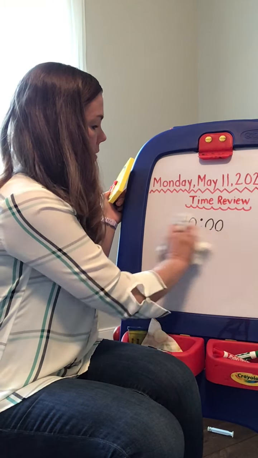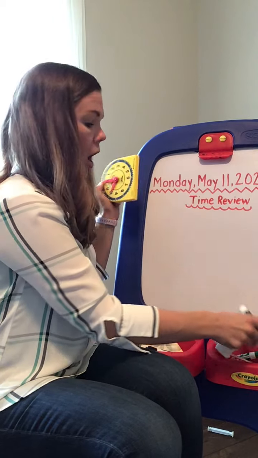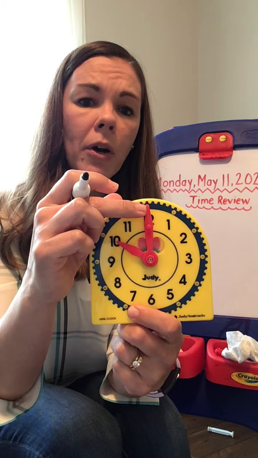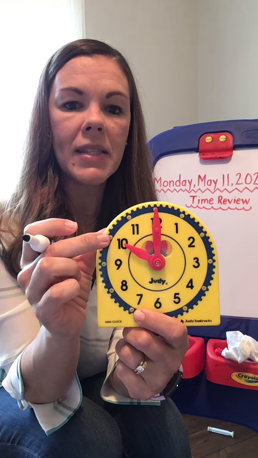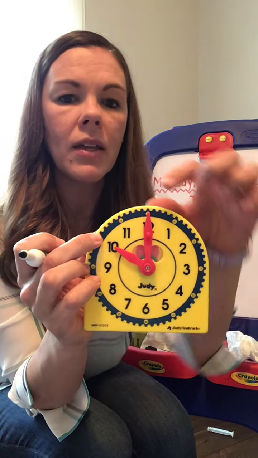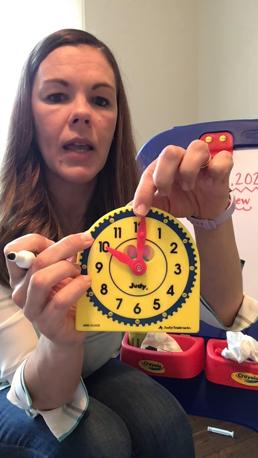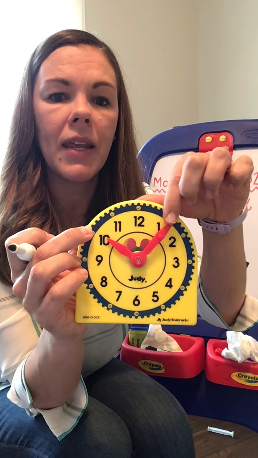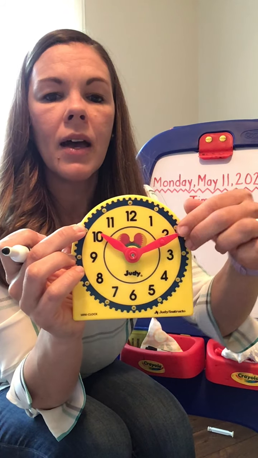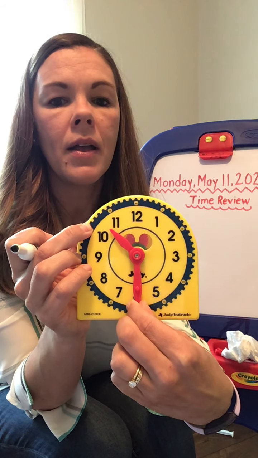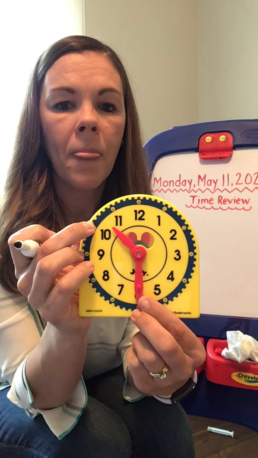Another one I wanted to review are our 30s. Now, right now it's 10 o'clock, time is constantly moving. So it's gonna click minute, minute, minute, minute, minute, and it would keep going, and then eventually it'll get down to the 6.